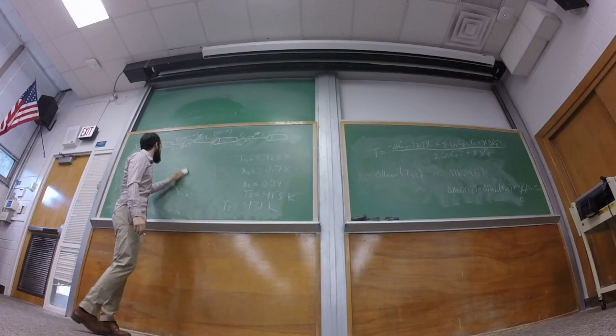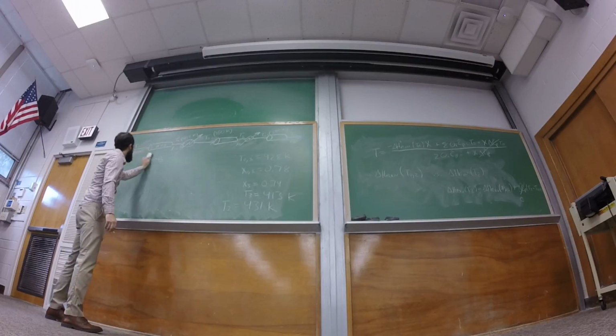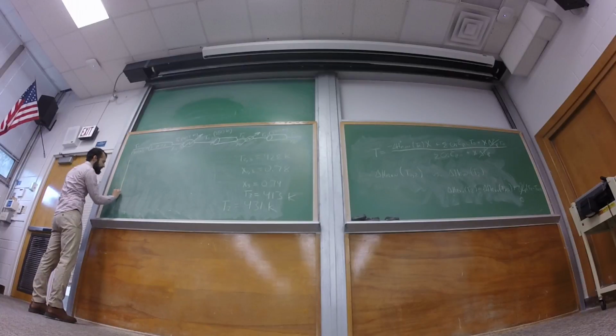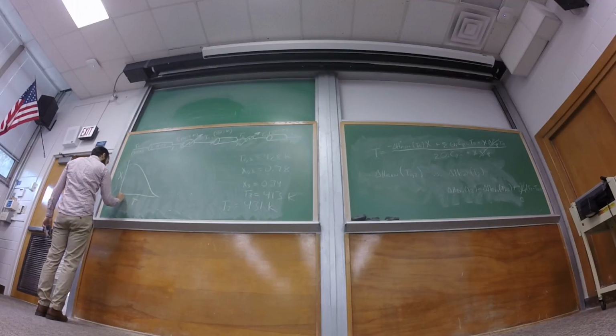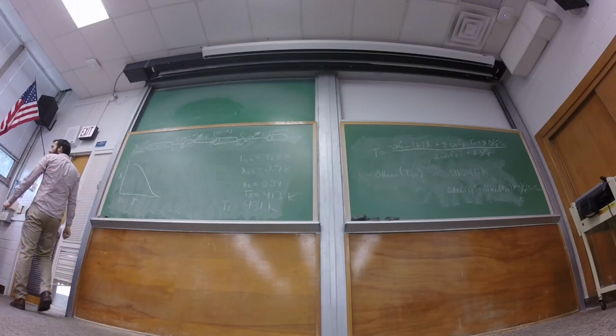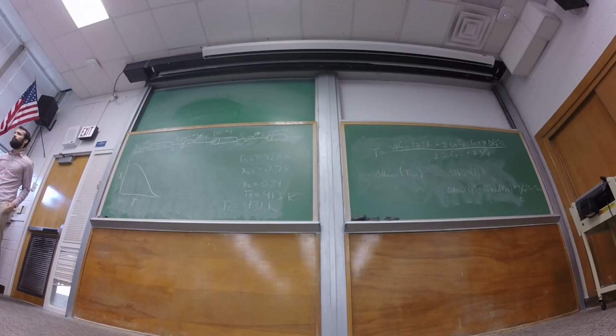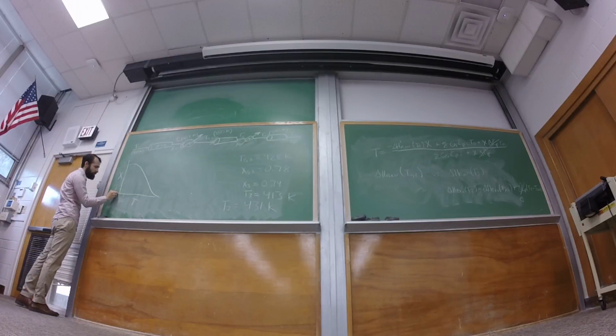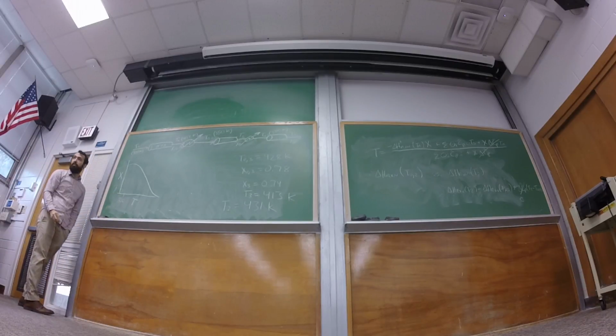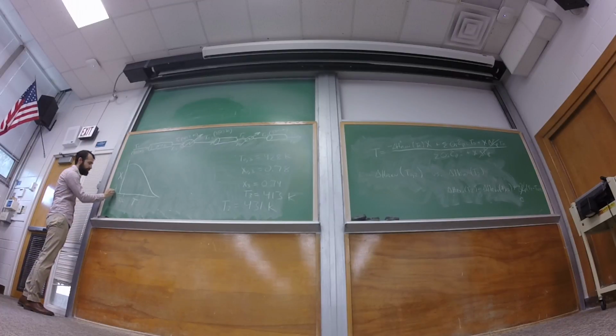Okay, so we'll put this now on the plot that we're all becoming so fond of. So this is the inlet temperature going into the reactor. And now, what's my initial conversion? 0, right?